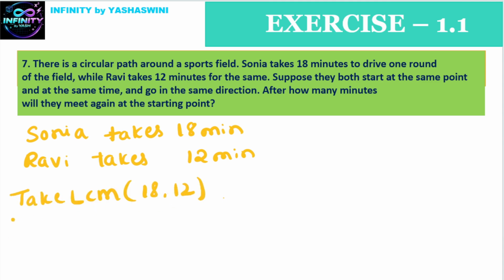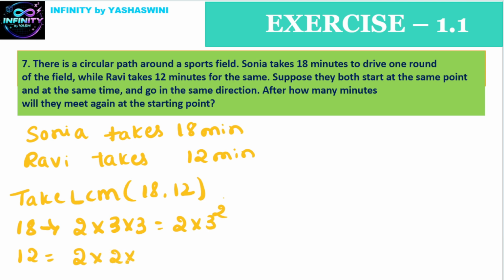To take the LCM of 18 and 12, first find the factors of 18. 18 factors are 2 into 3 into 3, that is 2 into 3 power 2. And 12 factors are 2 into 2 into 3, that is 2 power 2 into 3. Now, how to find the LCM?